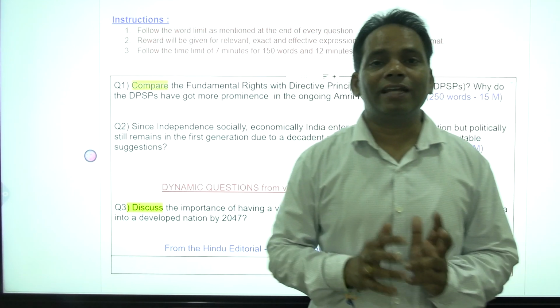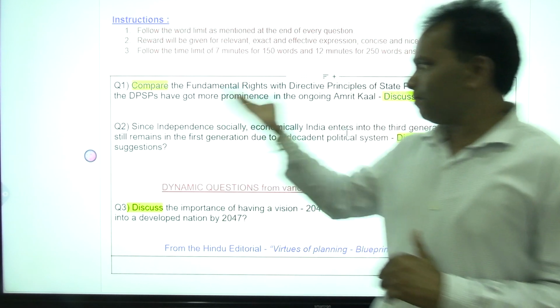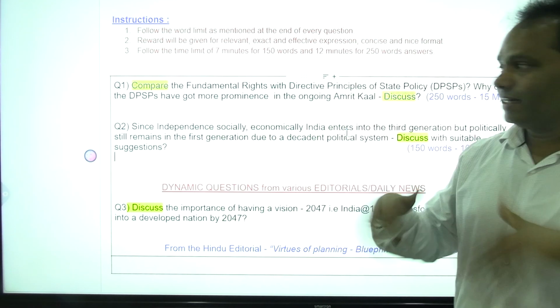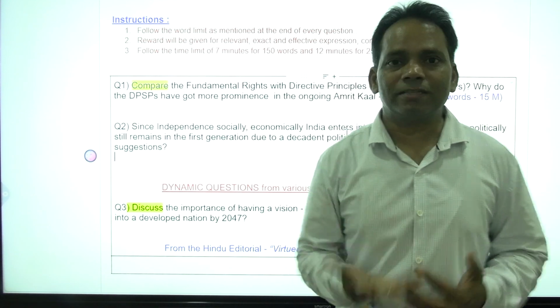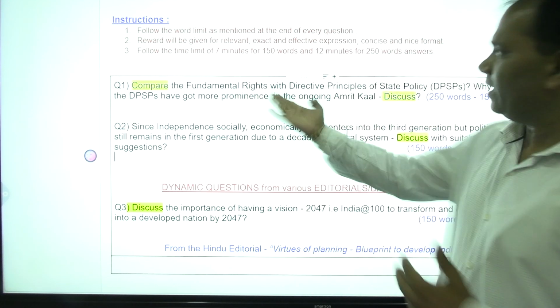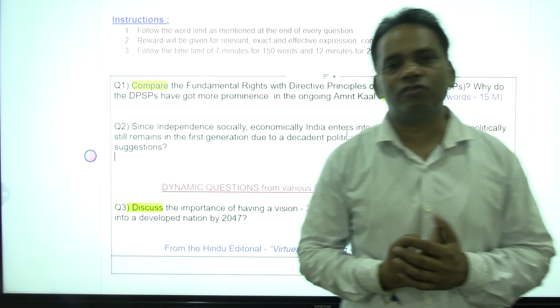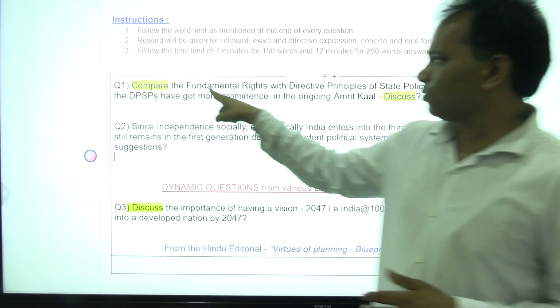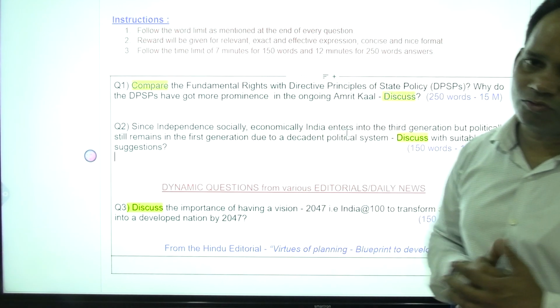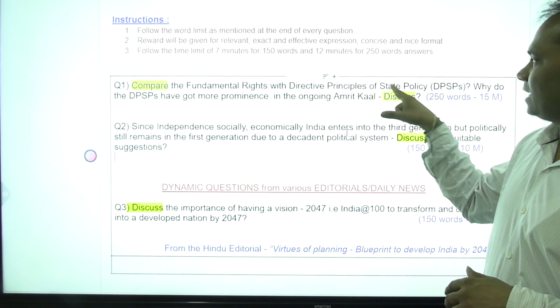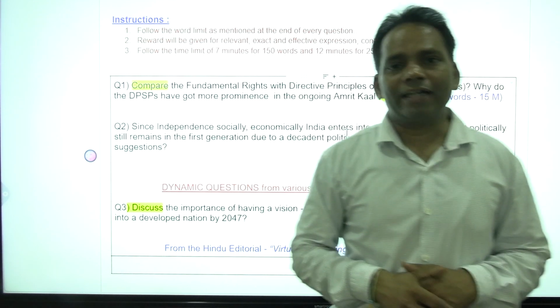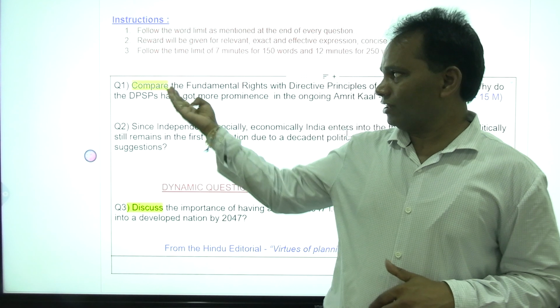That is the similarity. Both are combinedly aimed at creating a welfare state. Both are very important parts of the Indian Constitution. This is from Articles 12 to 35.